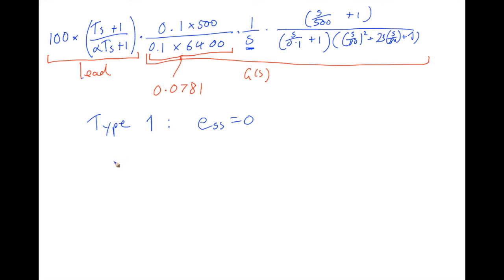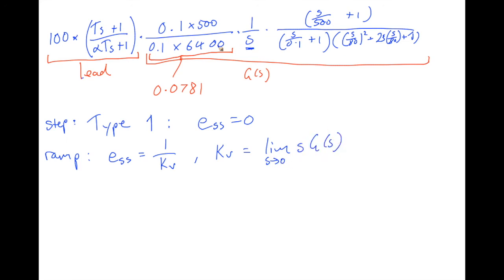Now, type 1 means that for a ramp input, so this was for a unit step, for a ramp input of unit slope, a type 1 system will have a constant steady state error. We're going to have e steady state equals 1 over Kv, where Kv is the limit as s goes to 0 of s times G(s).